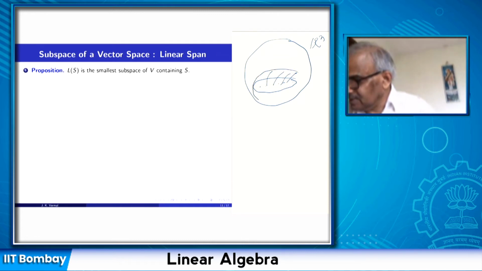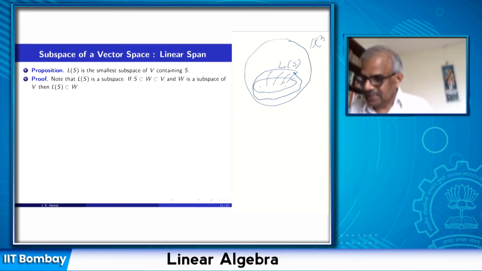Then I get the linear span. Let us show that among all subspaces of V, the smallest subspace which contains S is exactly the linear span.